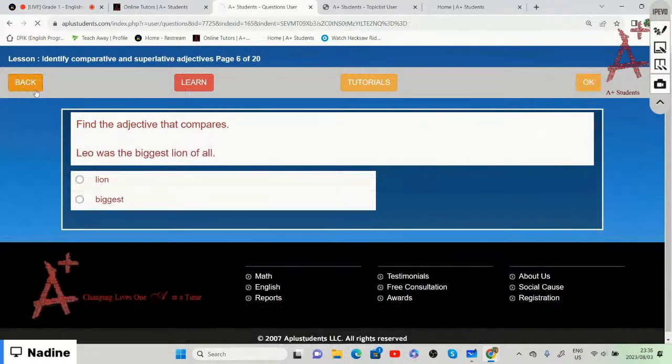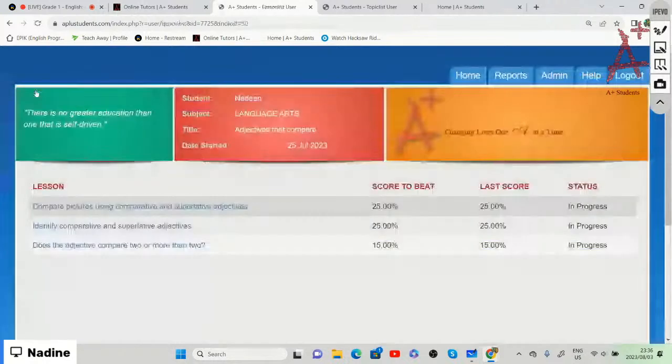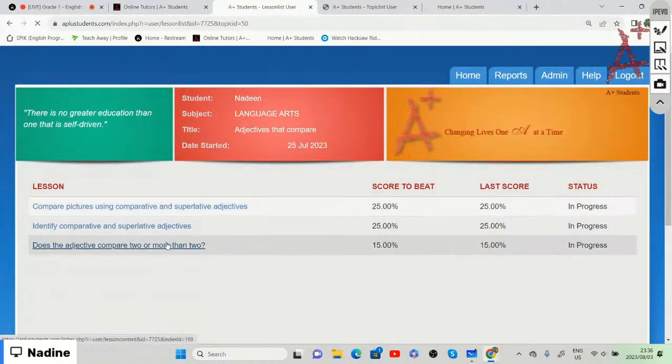All right. So that is basically identifying the comparative as well as the superlative adjective. So now we are going to our next lesson, which is, does the adjective compare two or more than two?